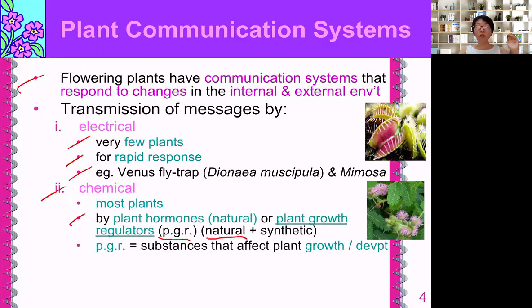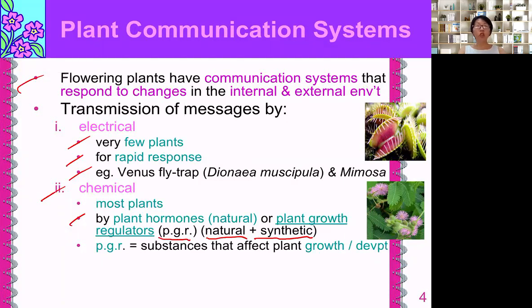It can be a natural plant growth regulator produced by the plant, or a synthetic plant growth regulator produced by humans to stimulate the plant to carry out certain responses, like stimulating the flower to grow into fruit without fertilization, or stimulating germination of seeds without suitable conditions.